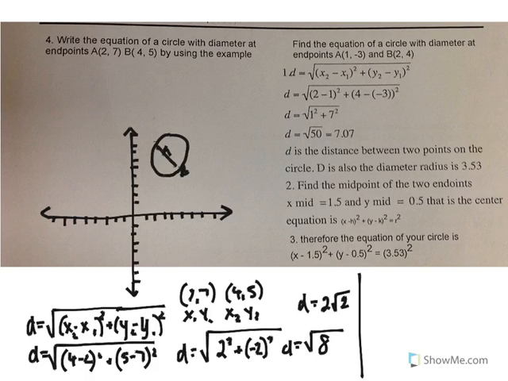So we have our distance between the two points. Now we need to find the center of the circle, because remember, we always need a radius and we need our center. Now I'm going to find the midpoint between A and B. I always start with my formulas.